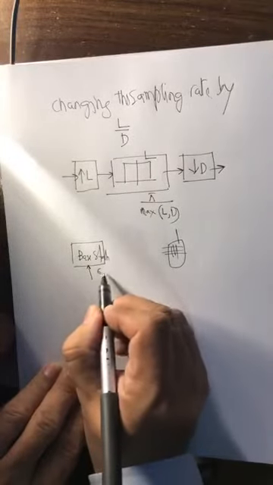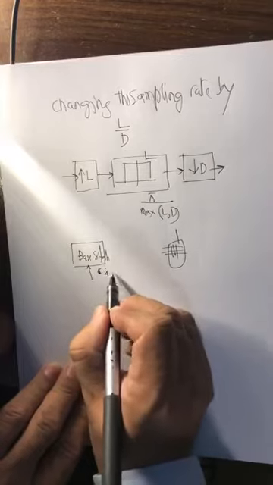Sometimes it's not in the scope of the course. In communication receivers, like you have a base station and you have a mobile phone, and let's say your base station, your 3G or 4G, is telling you that we are giving you 4 megabit per second.